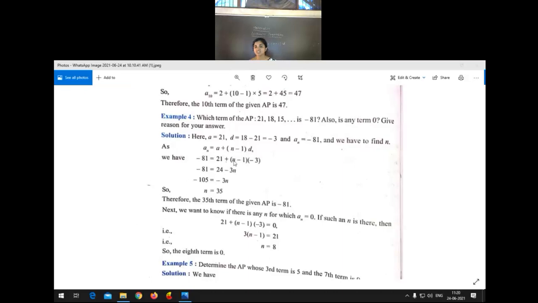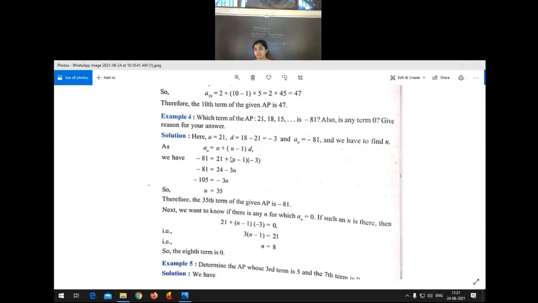After the simplification we'll get 24 minus 3n. In the textbook problem we can observe some one or two steps they will skip actually. So 21 here, n into minus 3 is minus 3n, then minus 1 into minus 3 is plus 3.